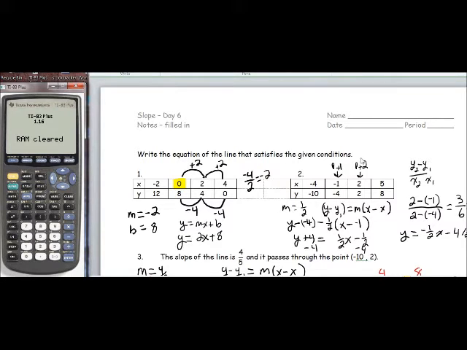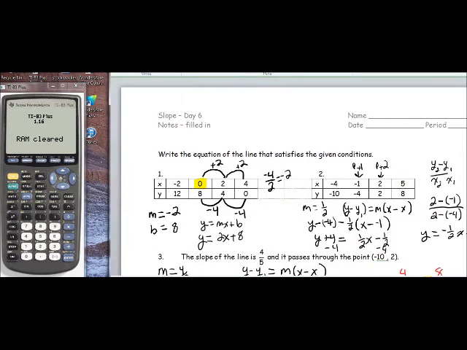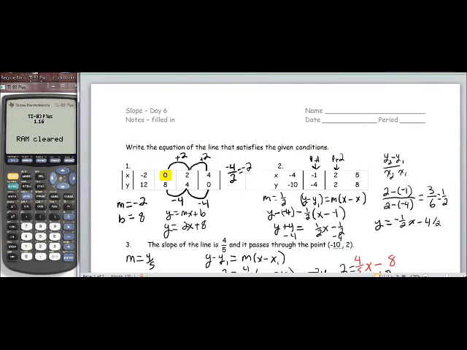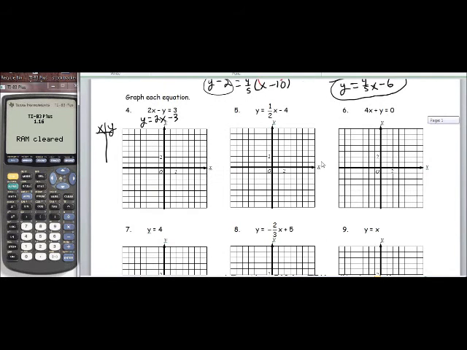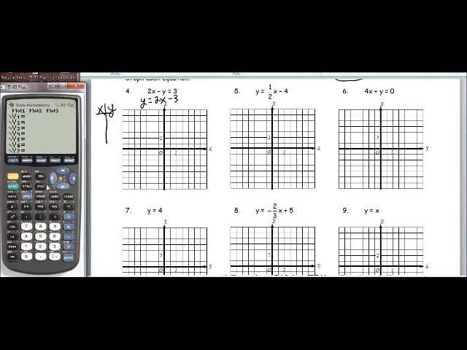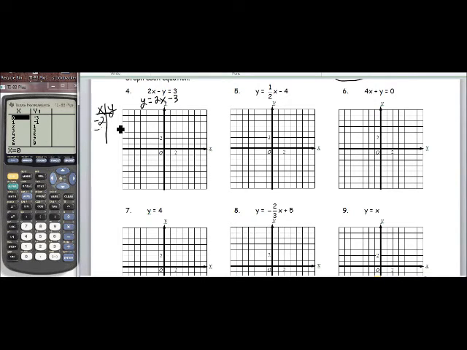So I'm going to go to my y equals. Let me bring our equation back into view here. So I'm going to go to my y equals, and I'm going to put in 2x minus 3. And then I'm going to look at my table, and remember, I want to use my values -2, -1, 0, 1, and 2.